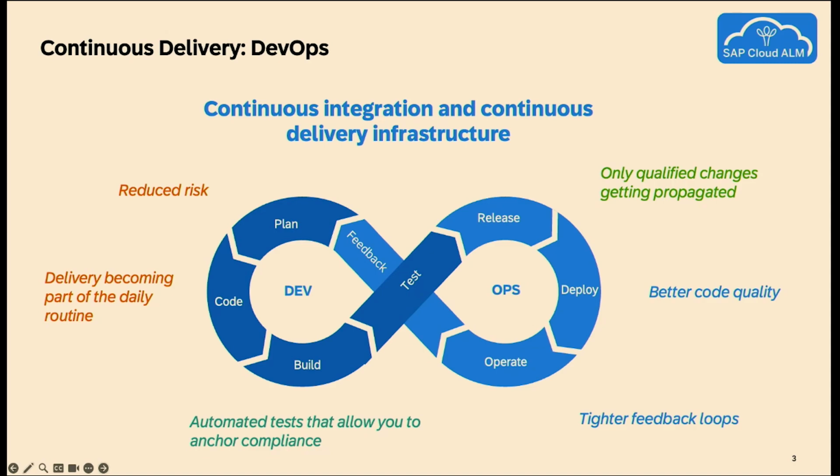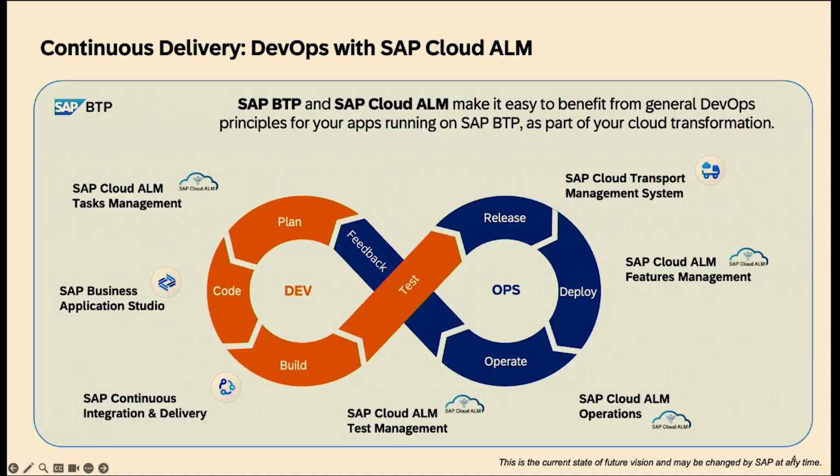I think those principles could be applied to every development on SAP BTP, thanks to SAP Cloud ALM, SAP Continuous Integration and Delivery, the Cloud Transport Management System, and SAP Cloud ALM Test Management.